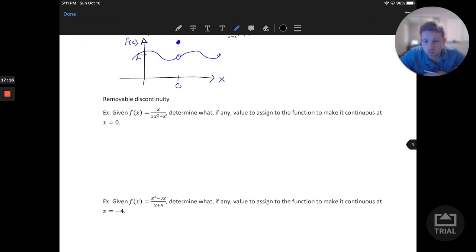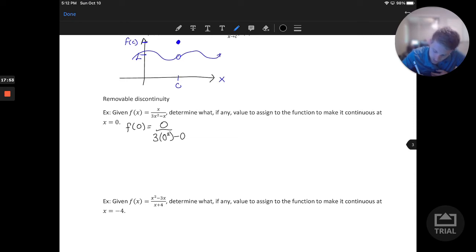So next example, we'll take a look at: given f of x is equal to x divided by 3x squared minus x, determine what, if any, value to assign to the function to make it continuous at x equals 0. So first off, let's just double check what is happening at 0 and see what we can do to remedy that. So we have an input of 0, which would be 0 in our numerator, and then we'll have 3 times 0 squared minus 0.